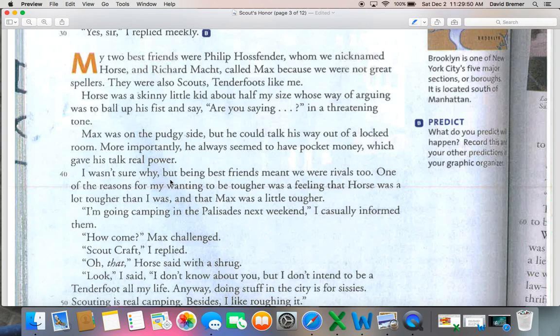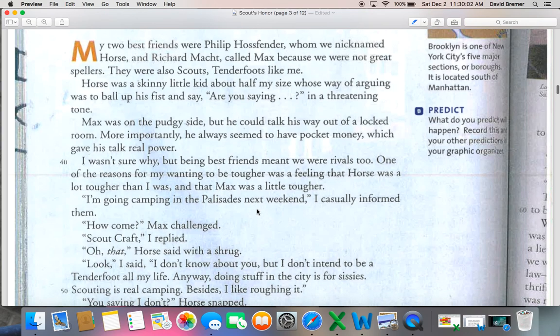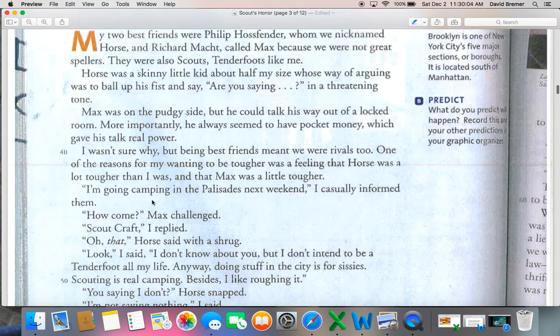I wasn't sure why, but being best friends meant we were rivals too. One of the reasons for my wanting to be tougher was a feeling that Horse was a lot tougher than I was, and that Max was a little tougher. "I'm going camping in the Palisades next weekend," I casually informed them. "How come?" Max challenged.